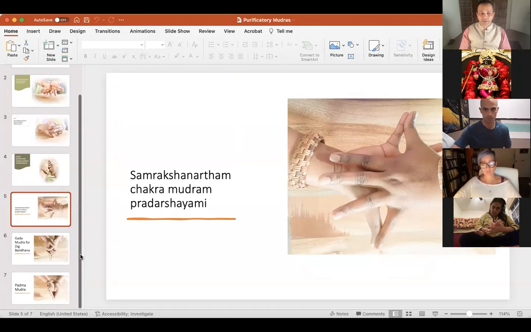So this is Shanka Chakra Gada Padma. Lord Vishnu has four beautiful ornaments: Shanka, the conch, Chakra, the Sudarshana Chakra, Gada, the mace, and Padma. There are mudras for all four. Shanka we did. This is Chakra.